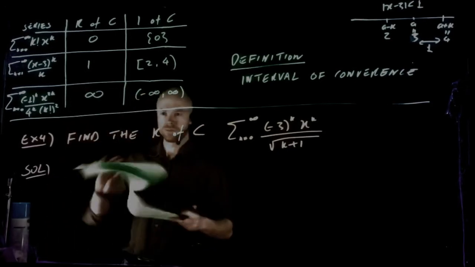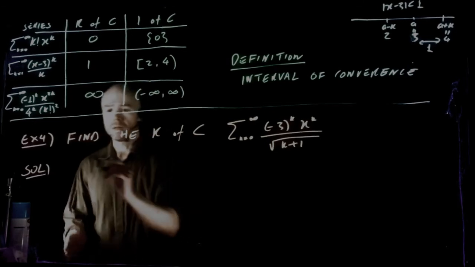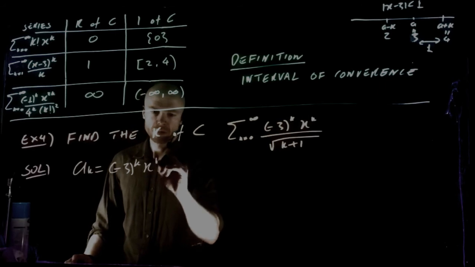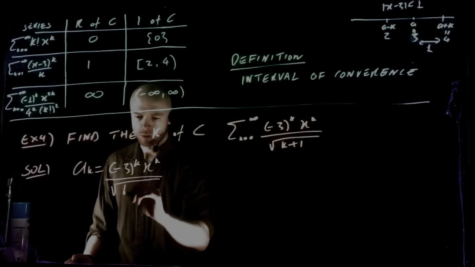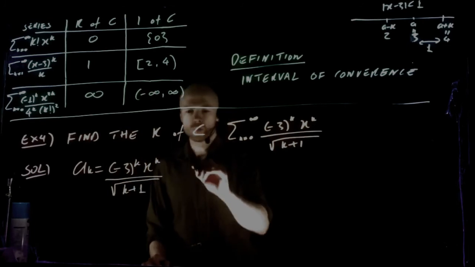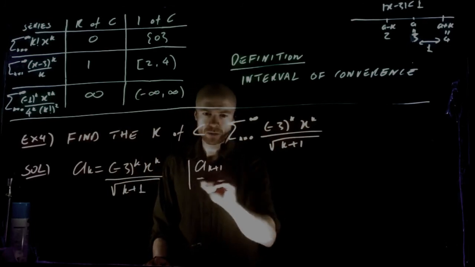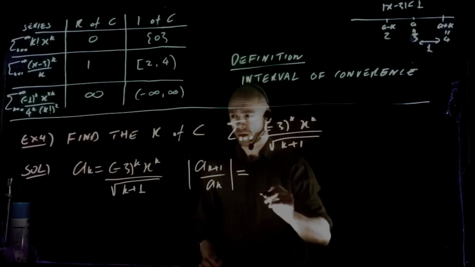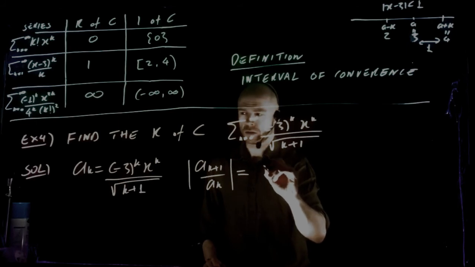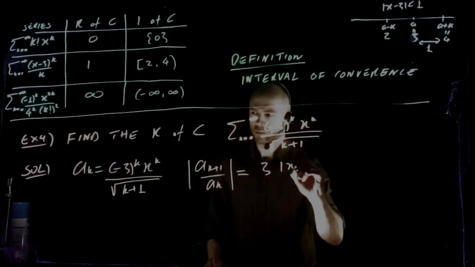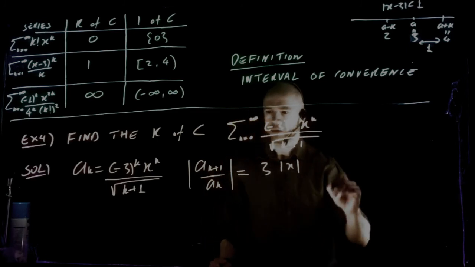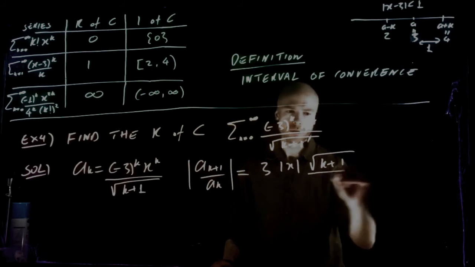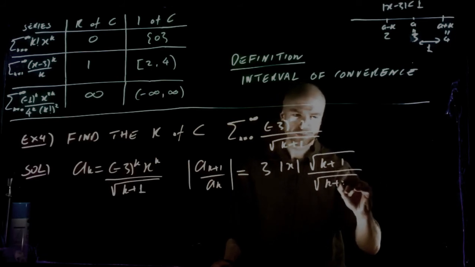We have the ratio test. So we're going to let a_k be (-3)^k x^k over square root of k plus 1. Then we're going to have the absolute value of a_(k+1) over a_k. What do we get? We are just going to get 3 mod x, and then we're going to have square root of k plus 1 over square root of k plus 2.